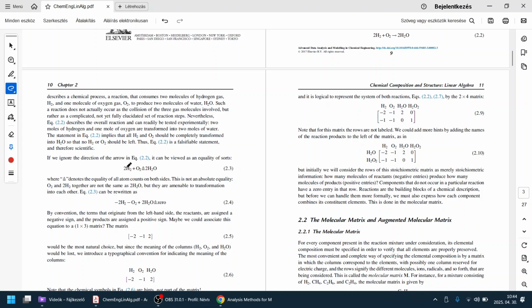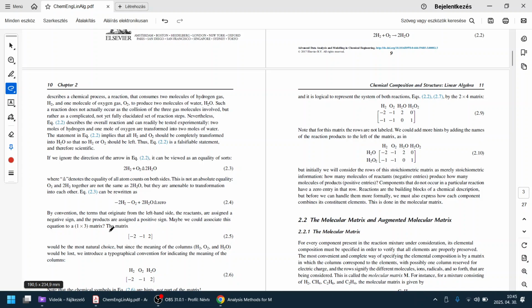So this is the equation, and we only consider the amounts, the mole numbers of the molecules. We move the left side to the right side and change everything. It doesn't matter, and we will have this equation in this form.